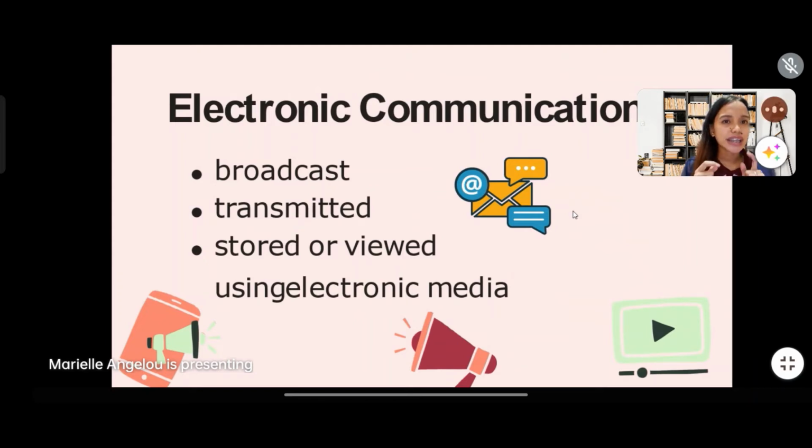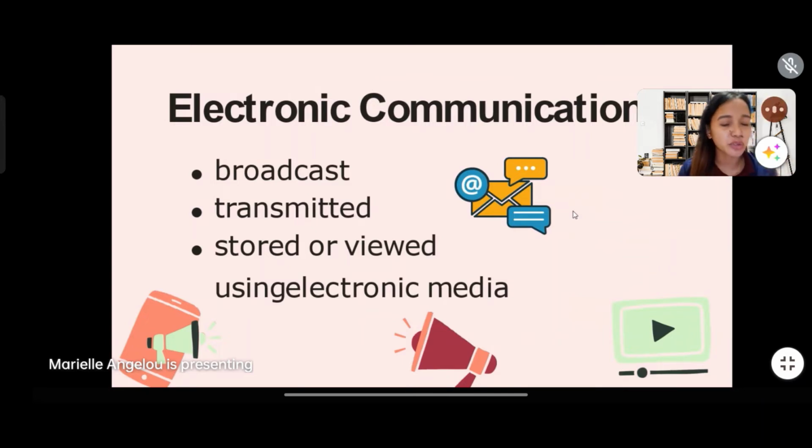Electronic communication is any type of message that is broadcasted, transmitted, viewed, or stored using electronic media. So when we say electronic communication, we have now the integration of technology in communicating.